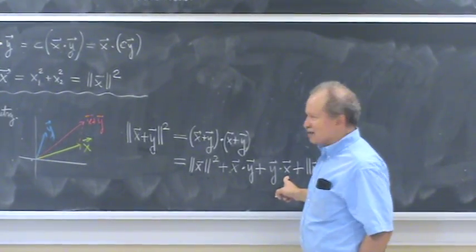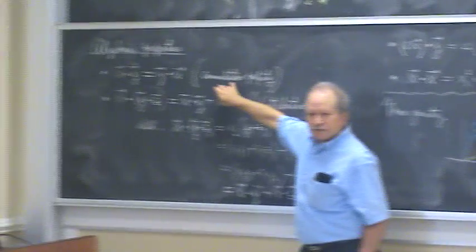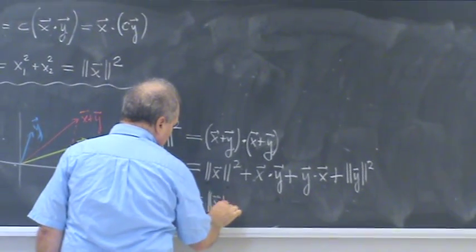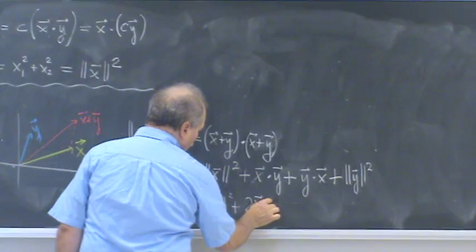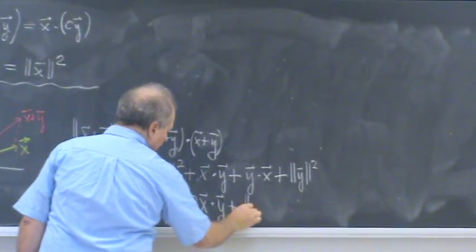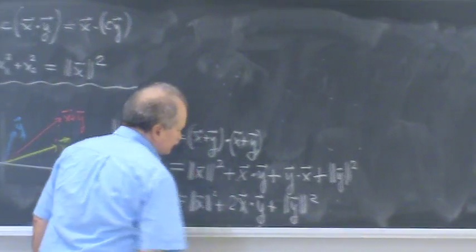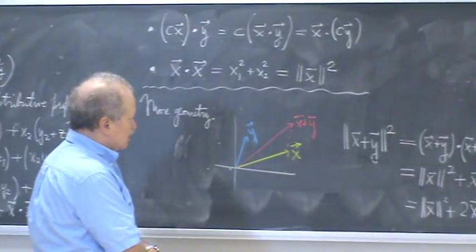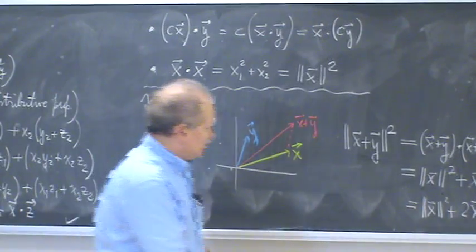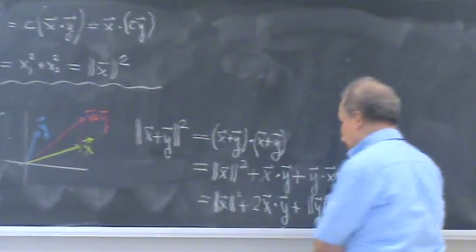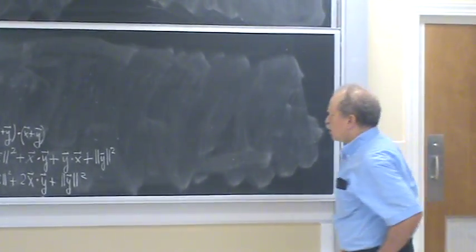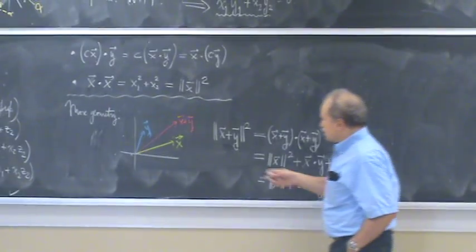All right, so what can we do with these two terms? They're the same, due to commutativity. So I get magnitude x squared plus twice x dot y plus magnitude y squared. Which is a generalization of the usual binomial expansion, but we've got magnitudes and dot products. So what do you notice?